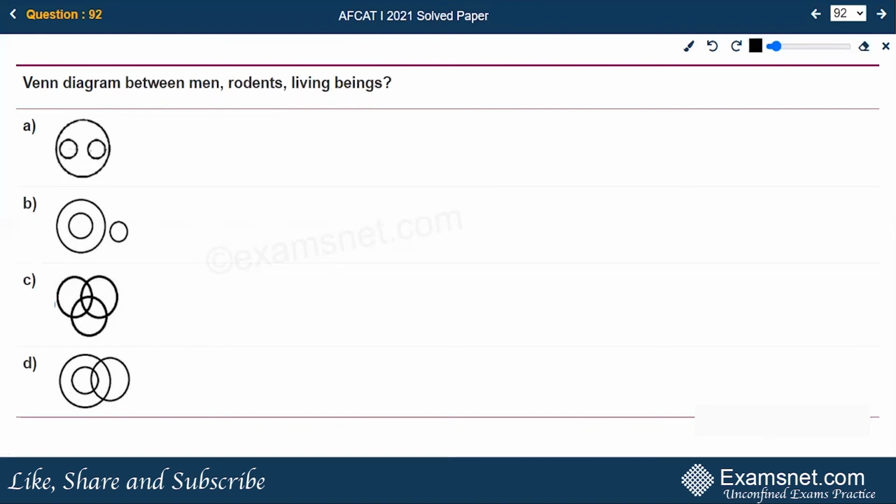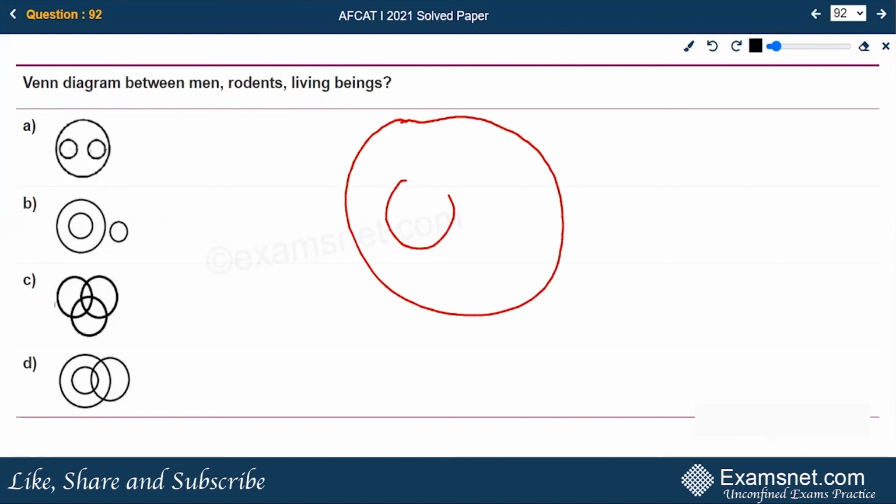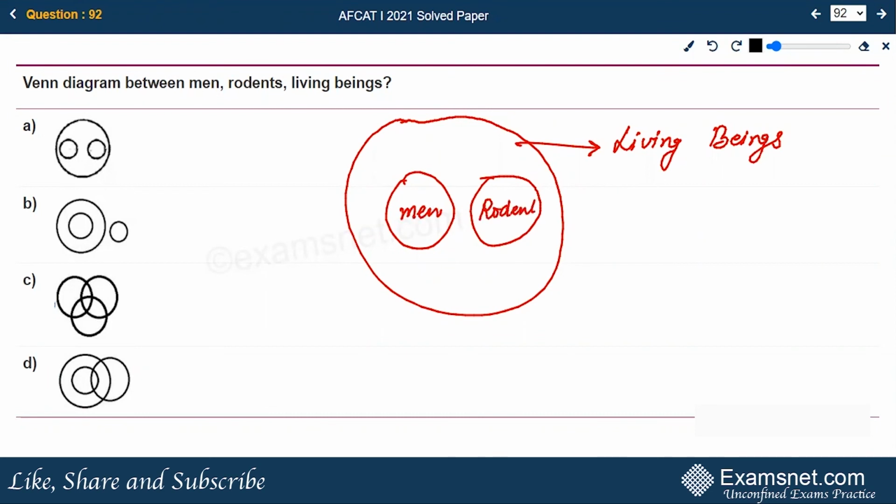So these are the living beings. Men and rodents are different species. So here are the living beings. These are men and these are rodents. So the clear answer to this question is option A.